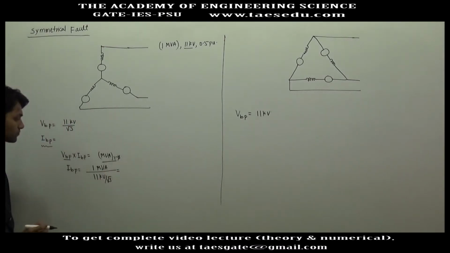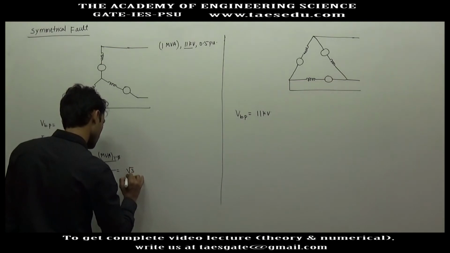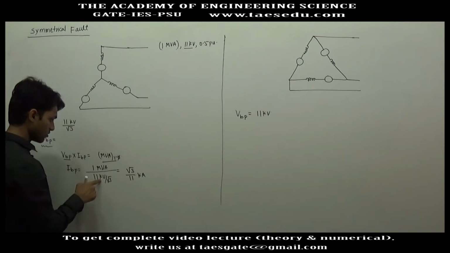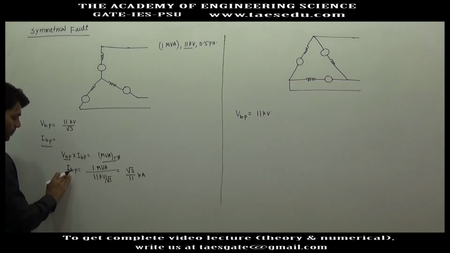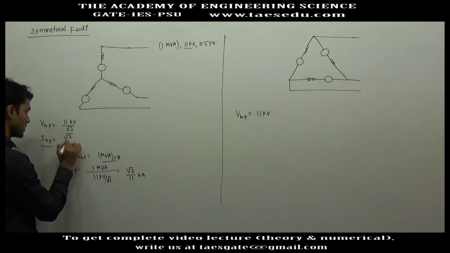So you will get root 3 divided by 11 kilo ampere. Mega by kilo will give you a unit of kilo. So the base value of phase current is root 3 divided by 11 kilo ampere.